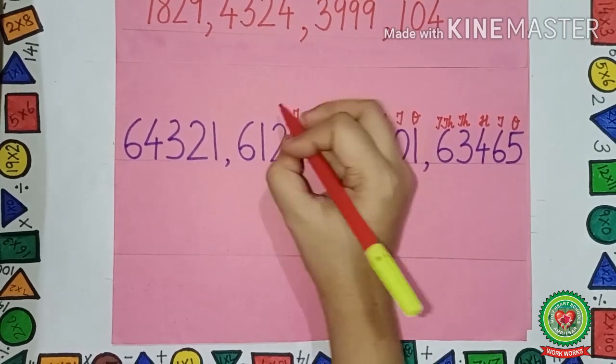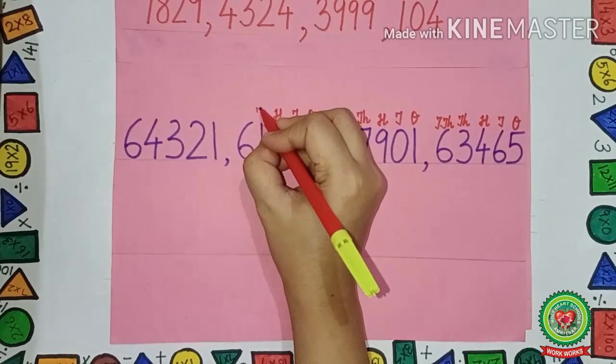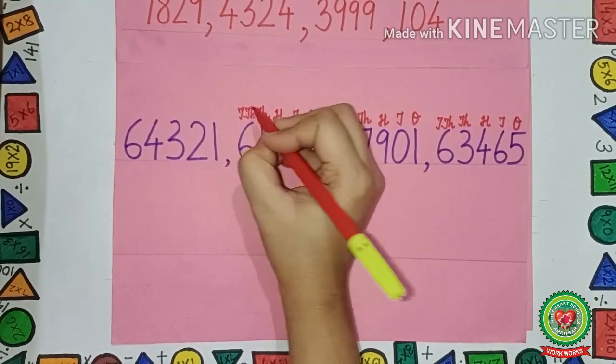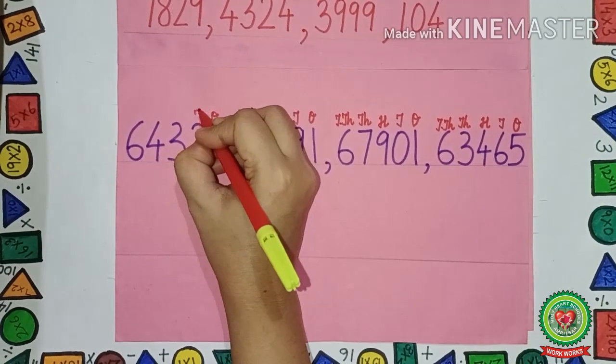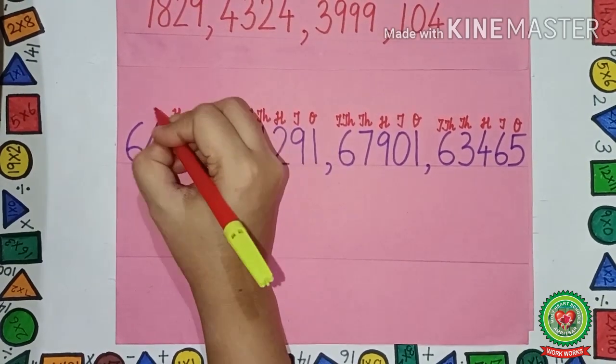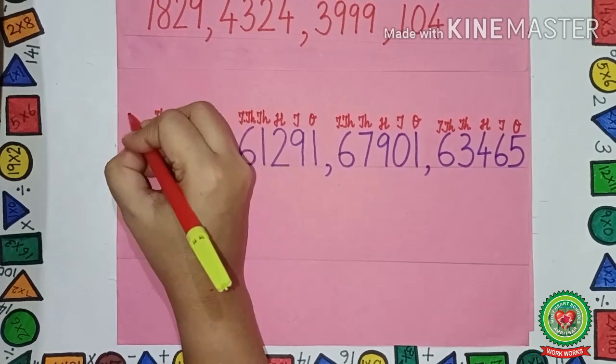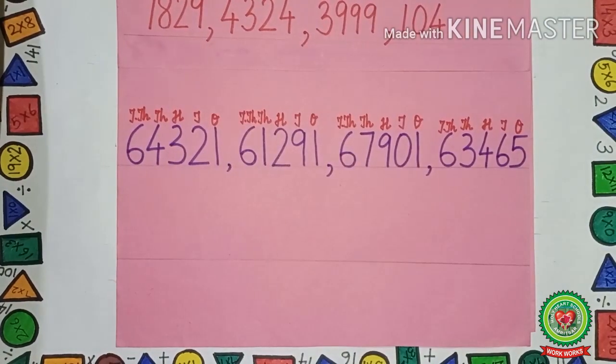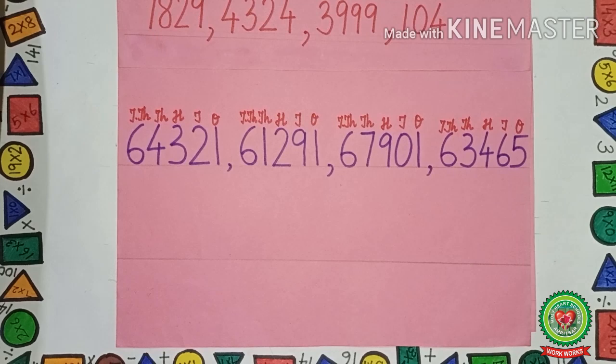Ones, tens, hundreds, thousands, 10,000s. Again ones, tens, hundreds, thousands, and then 10,000s. Now again kids, we will see the first digit first to compare the numbers. Before that we will read it once.